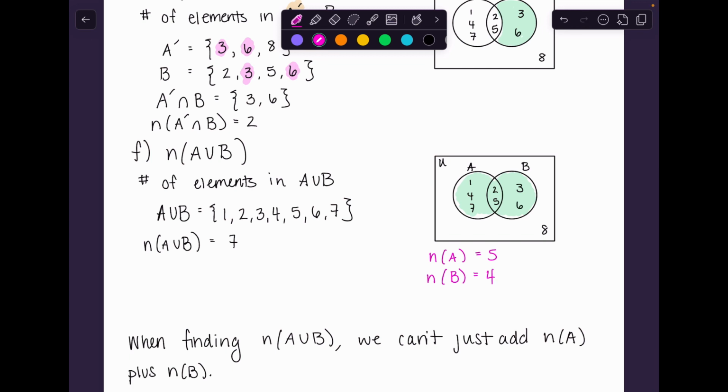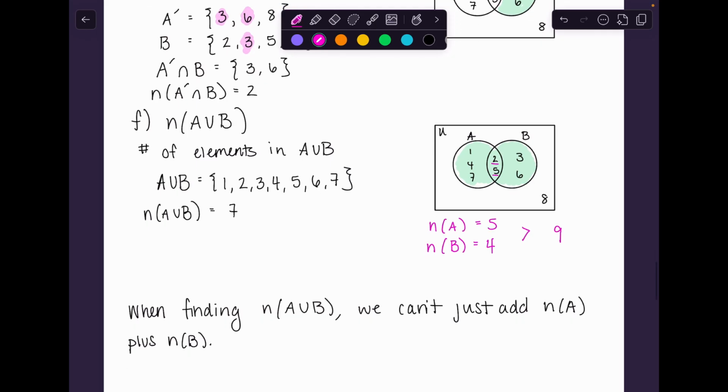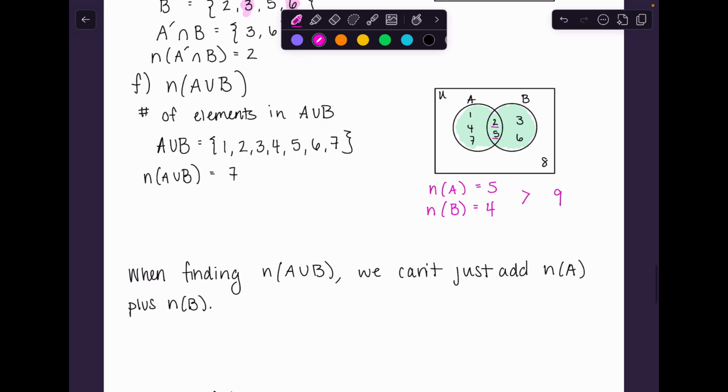So what happens is if you add these together, it gives you 9 because you end up double counting the middle section. Okay? So when you're finding the number of elements in A union B, you can't just add them together.